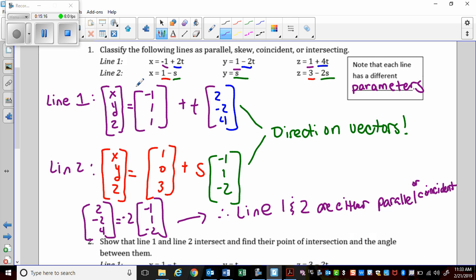Line 1 contains this point right here, negative 1, 1, 1. So I'm going to say line, let me just use a different color. Line 1 contains negative 1, 1, 1. In line 2, y is equal to s.